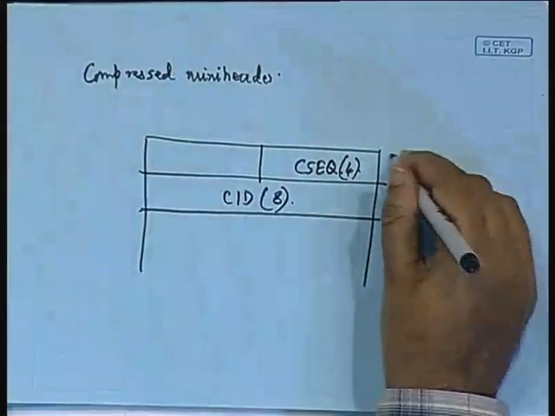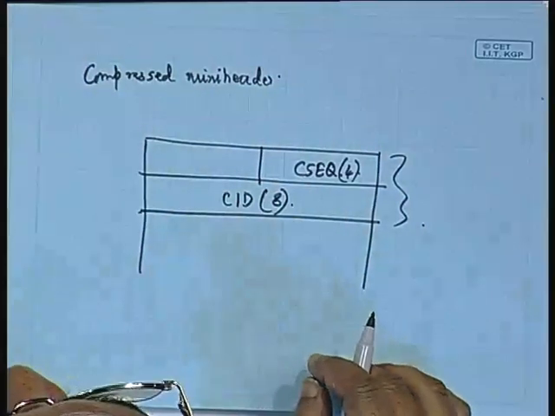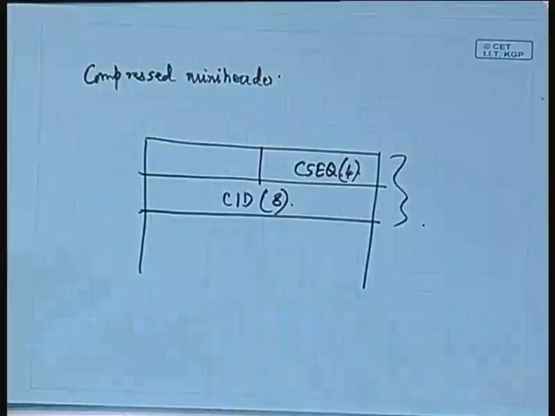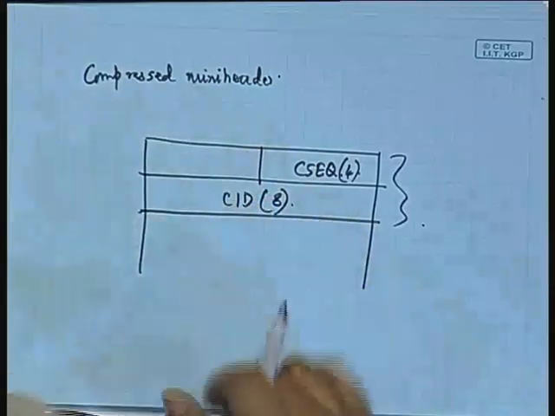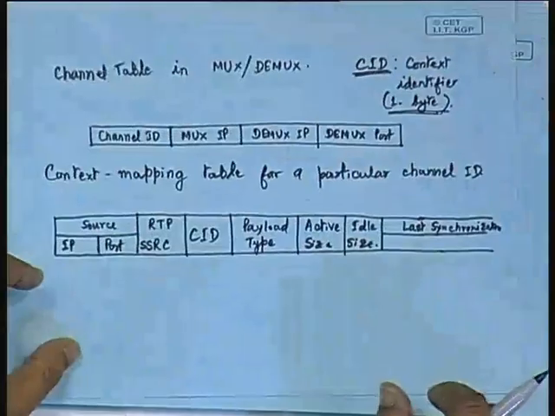So, just 2 bytes of information. Normally these 2 bytes should be enough, because using this CID, one can completely identify the stream by looking into the context table.